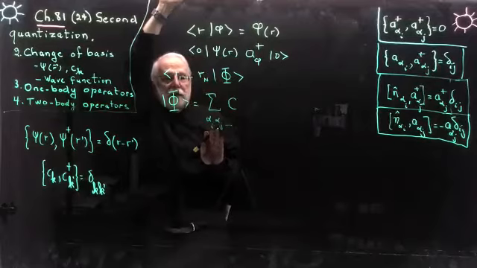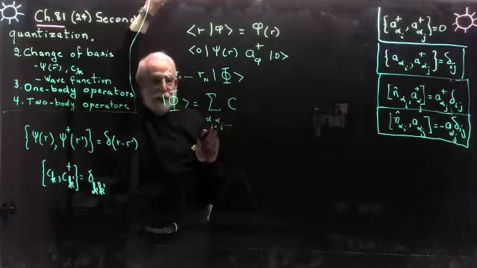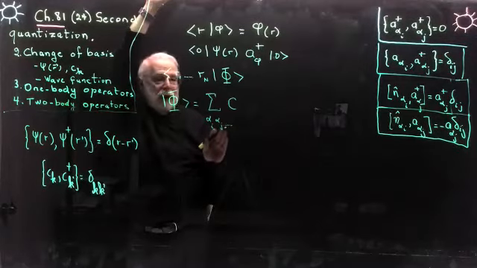Remember that i is the one body state. So I have the basis, I have several elements, and they're labeled by i.